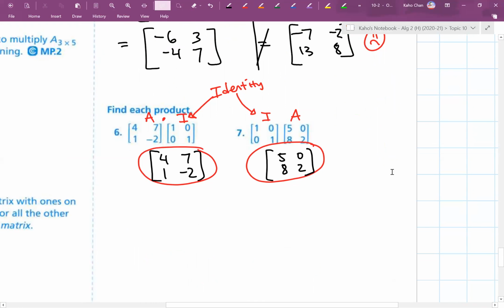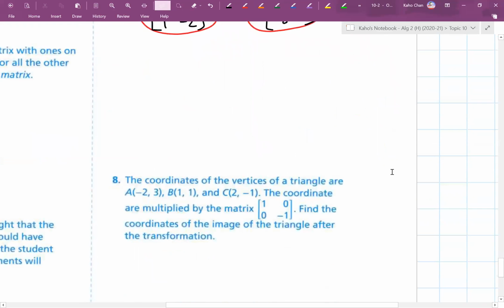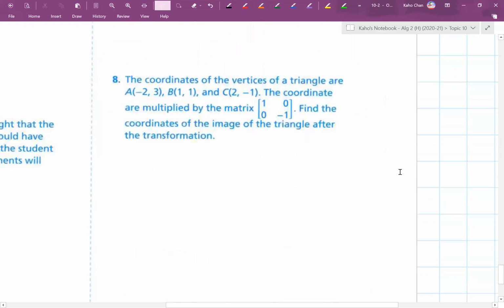Any questions about 6 and 7? Ooh, this is interesting. The coordinates of the vertices of a triangle are listed here with the 3 points. The coordinates are multiplied by this matrix 1, 0, 0, negative 1. Find the coordinates of the image of the triangle after the transformation. This is going to be fascinating for a lot of you who just came from geometry.